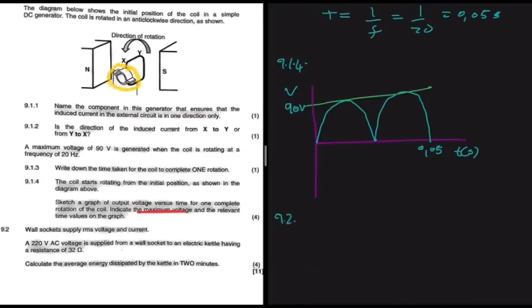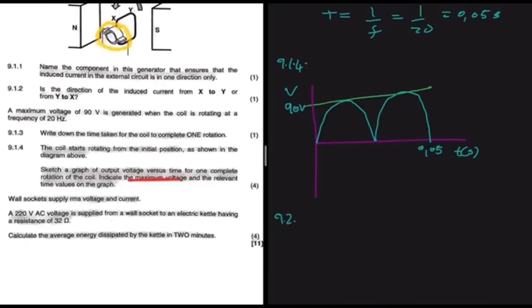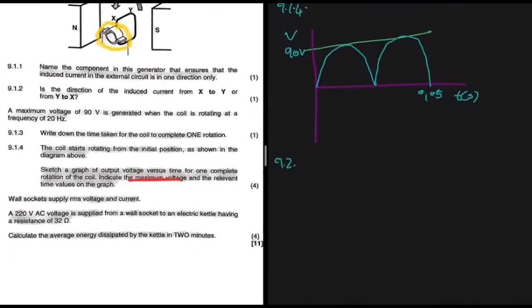9.2, the last question: the wall sockets supply RMS voltage and current. A 220 volts AC voltage is applied from a wall socket to an electric kettle having a resistance of 32 ohms. Let's calculate the average energy dissipated by the kettle in 2 minutes. Power equals work divided by time.